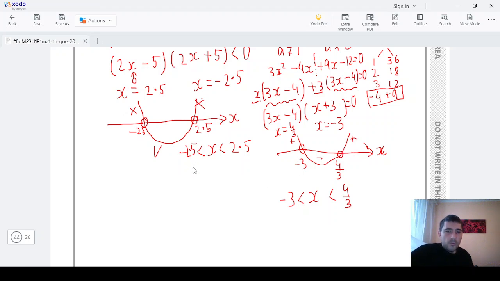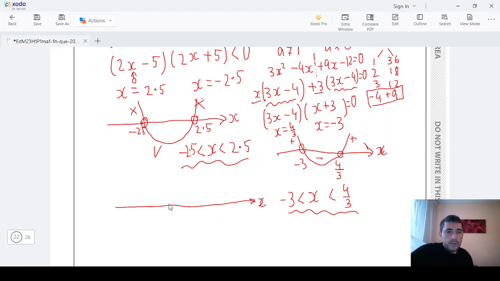Okay, so now we've got two double inequalities. We need to merge them. I'll do that on a separate x-axis.